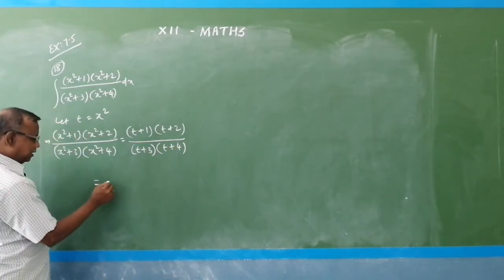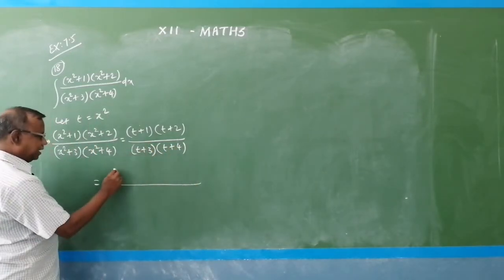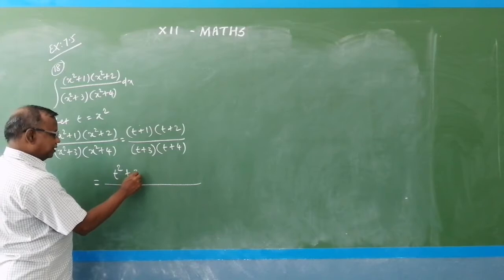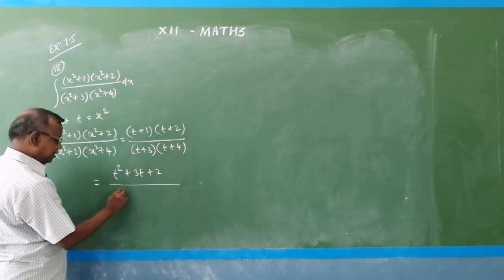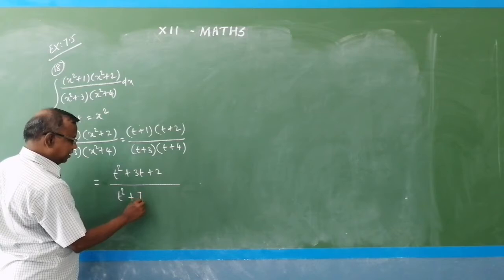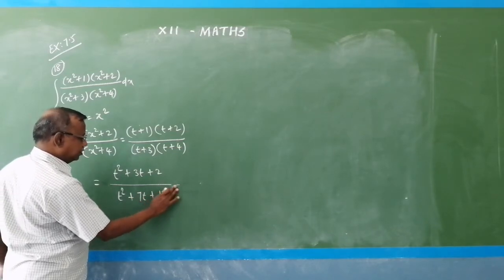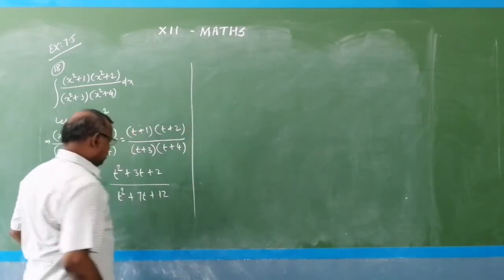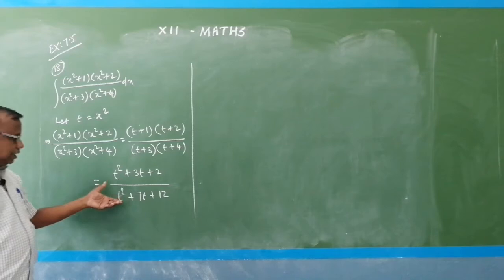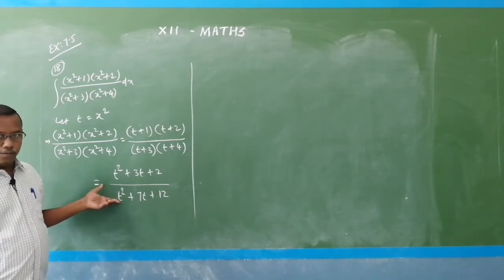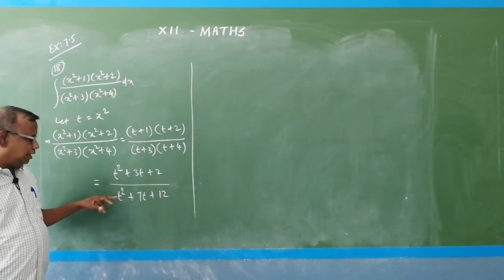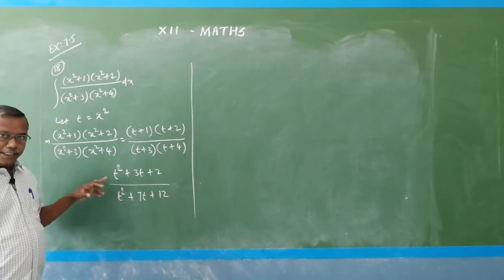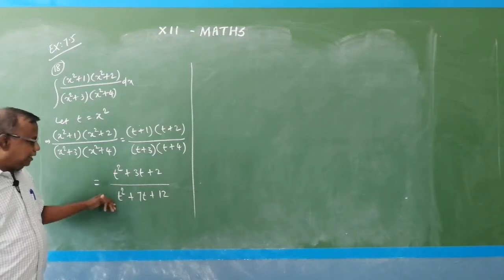Expanding this, the numerator is t square plus 3t plus 2 and the denominator is t square plus 7t plus 12. But this rational function is not a proper fraction because the highest degree of the numerator is equal to the highest degree of the denominator. So we need to divide the numerator by the denominator.